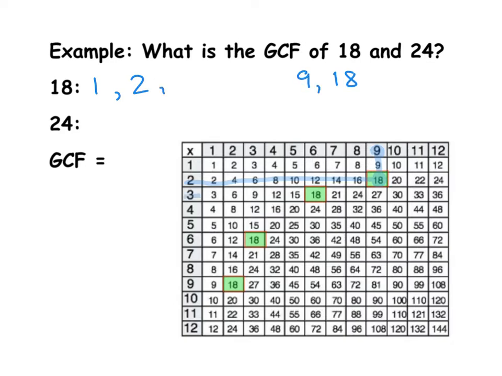I look across the row for 3 to find 18, and there I see it. 3 times 6 is also 18. When I look across the 4 for 18, I don't see one, so I know that 4 is not a factor of 18. And doing that same strategy with 5s, I see that 5 is not a factor of 18.